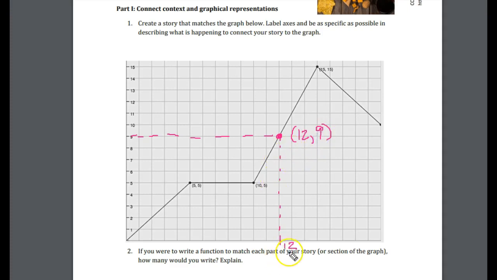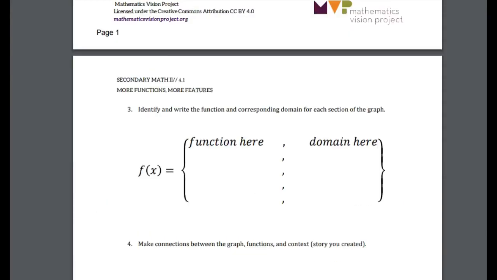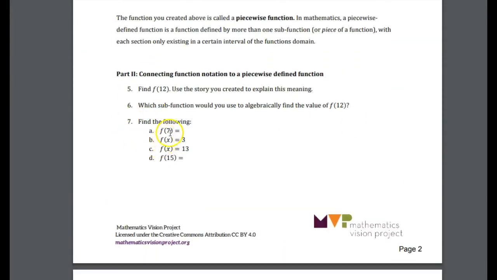So when the input is 12, the output is 9. Don't forget, you can evaluate functions, whether they are in table form, equation form, or graph form. These are all multiple representations, but they're still functions and they can still be evaluated. So make sure that you practice evaluating this function in all of these different circumstances.